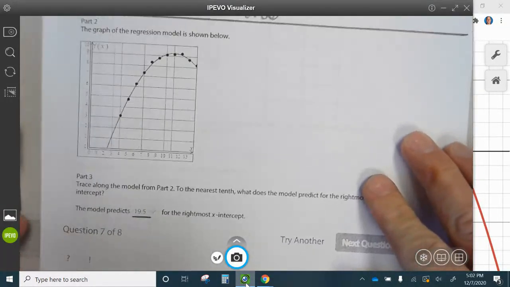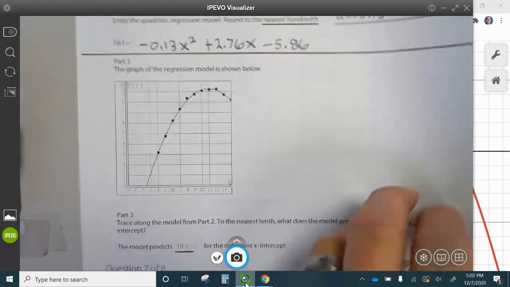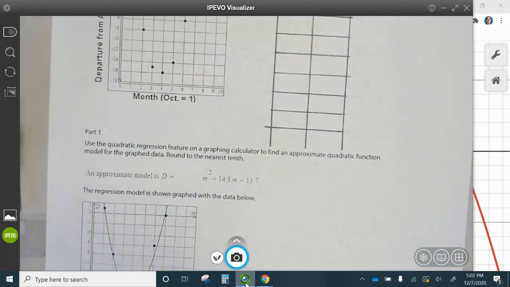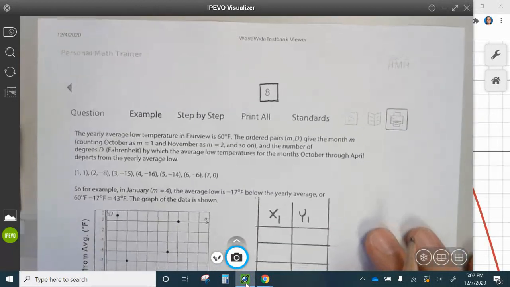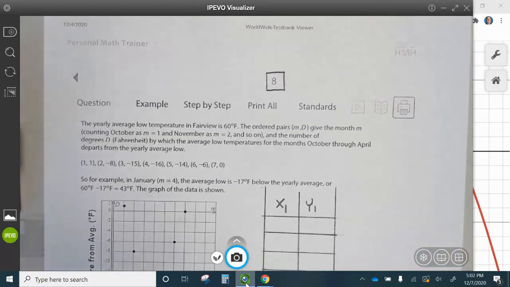Let's look at question number 8. All right. Question 8. The yearly average low temperature in Fairview is 60 degrees Fahrenheit. The ordered pairs M, D give the month M, counting October as M equals 1 and November as M equals 2, and so on, and the number of degrees D Fahrenheit by which the average low temperature for the months October through April departs from the yearly average low.